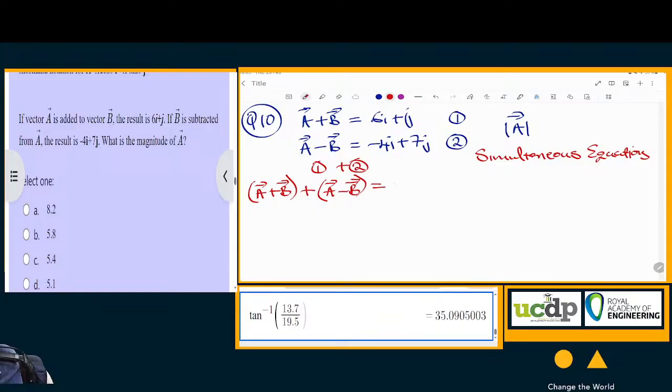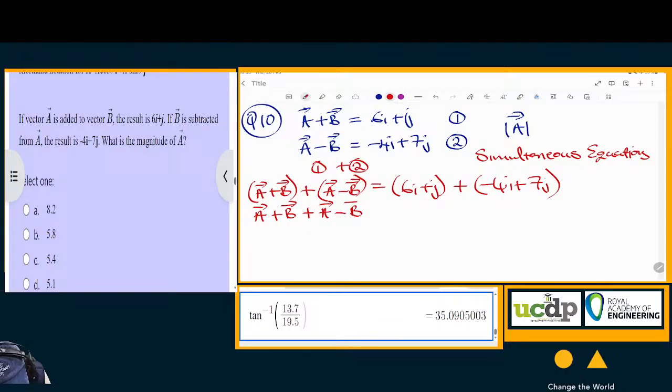So which means that what we sum on the left-hand side, we also sum on the right. So this will be 6i plus j plus negative 4i plus 7j. You realize that if you open the brackets, there should be vector A plus vector B plus vector A minus vector B, and then this side will be that.